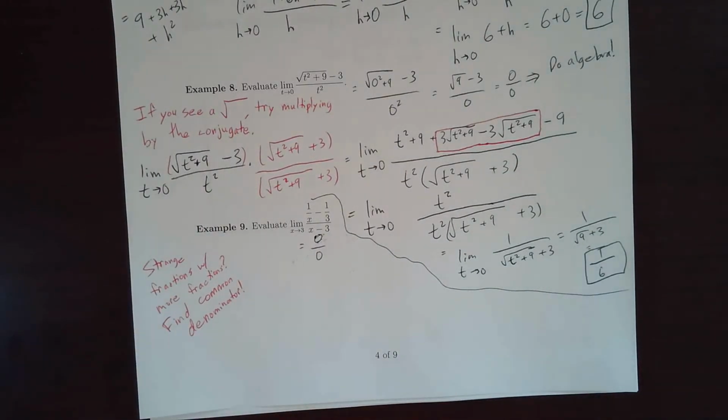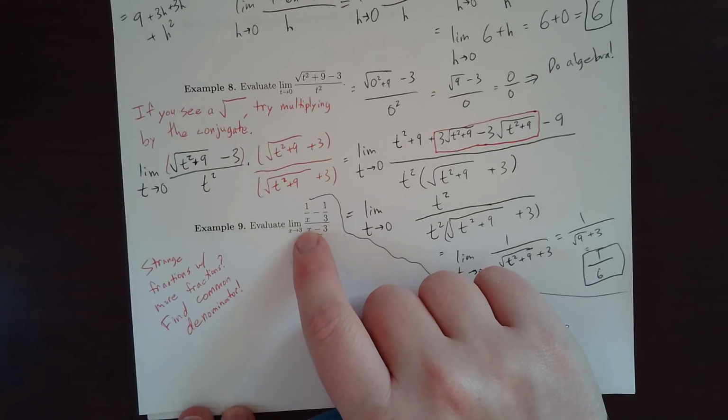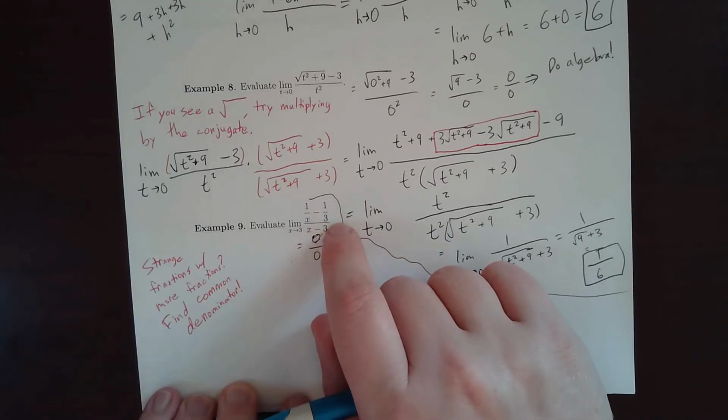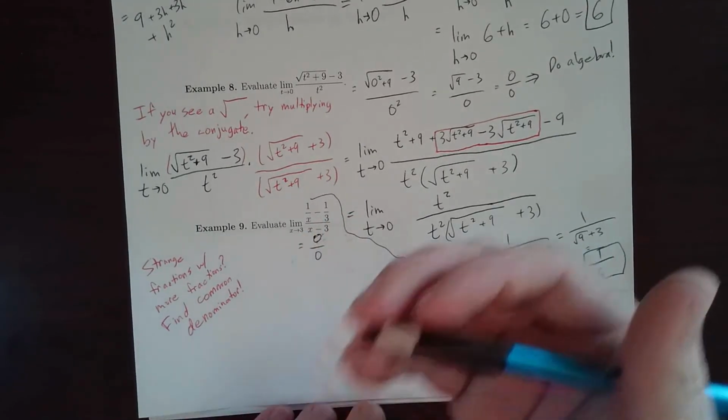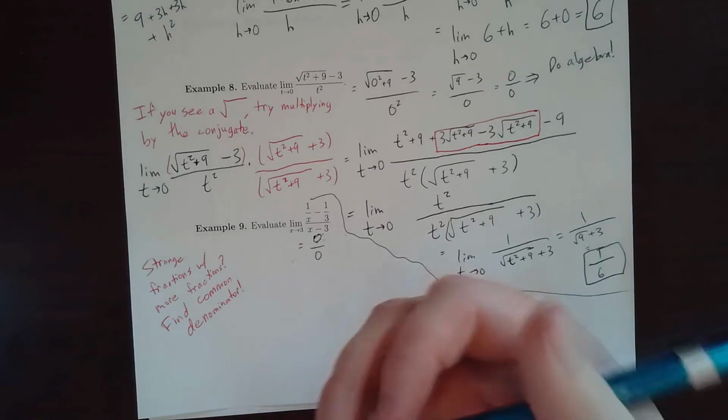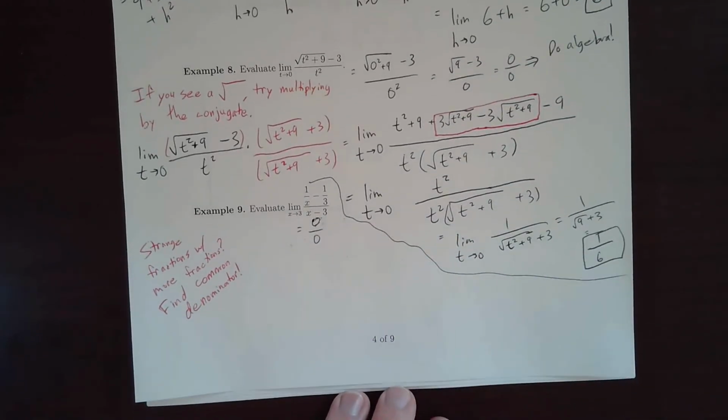So, if we're looking at 1 over x and 1 over 3, our common denominator will be 3x. So we can't just multiply by 3x, we have to go ahead and multiply by 3x divided by 3x.